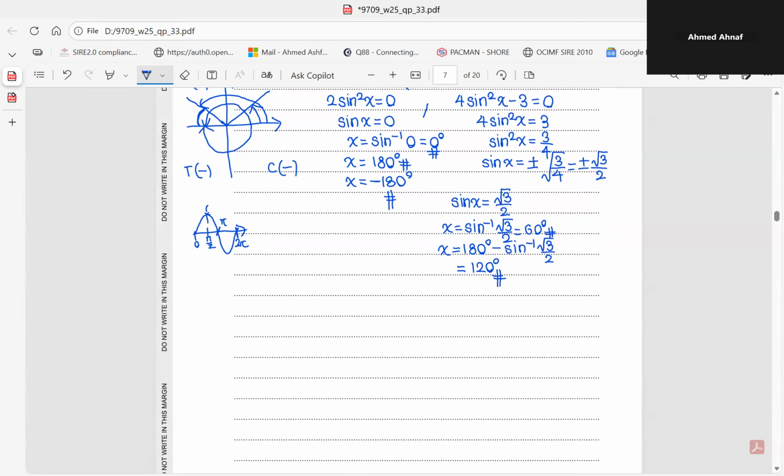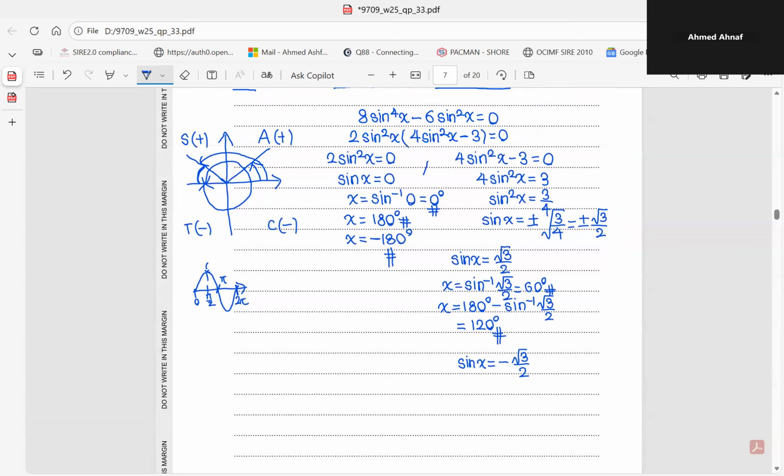Let's do sine x equals negative square root 3 over 2. Okay, so since here our sine x is negative, x would cover our third quadrant and fourth quadrant. And in both of those quadrants, all the angles are negative, so they go clockwise instead of anti-clockwise.